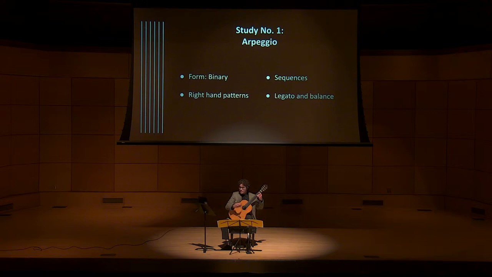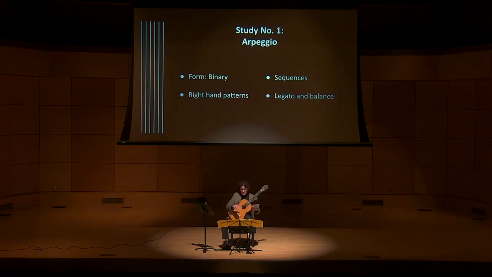So this is the first pattern in this study number 1. And what the composer is going to do is take that right-hand formula and play with chords. So we're going to go through different chords with that same combination of right-hand fingering.